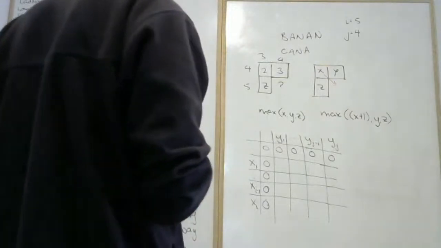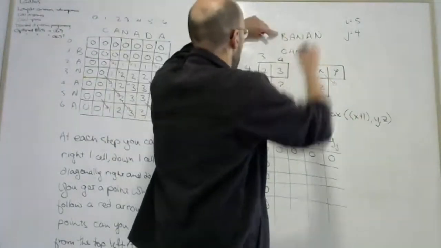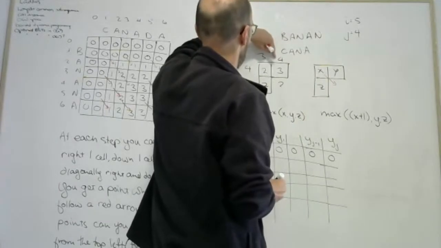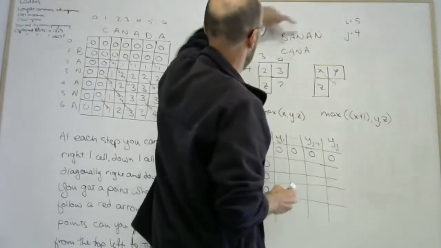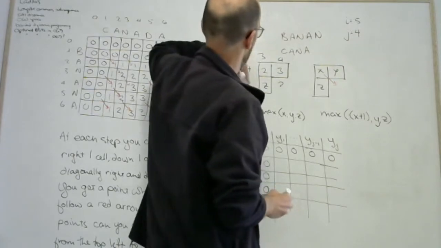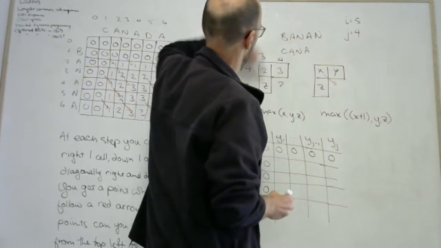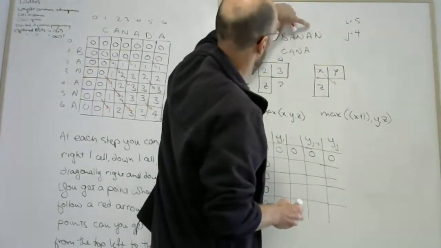Wait. This is 5. So this is I, and this is J, right? So 4, 3 is 4 and 3. 4, 4 is 4 and 4. And then there's 5, 3: banan and kan.